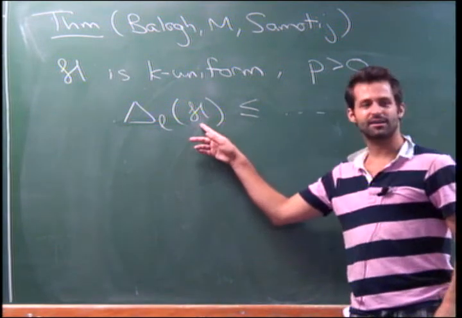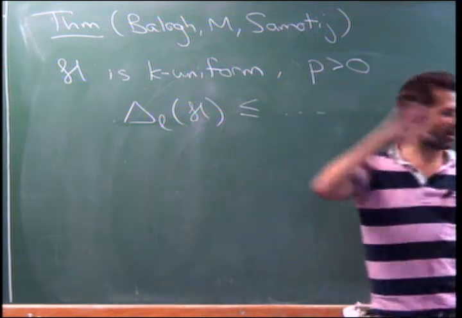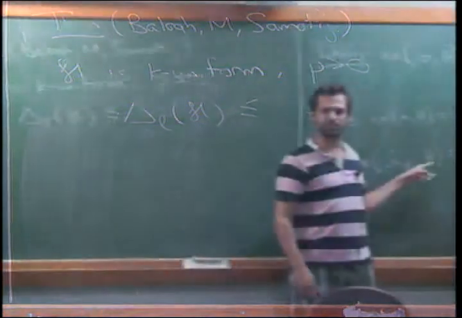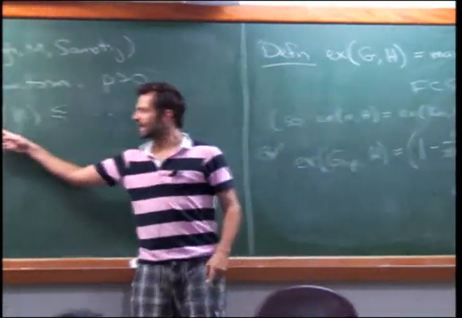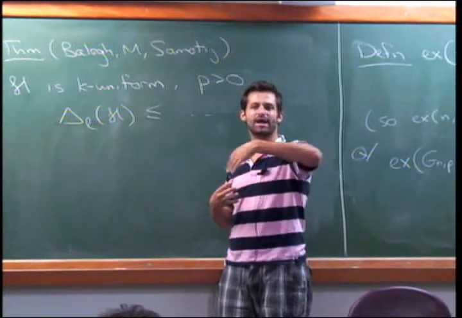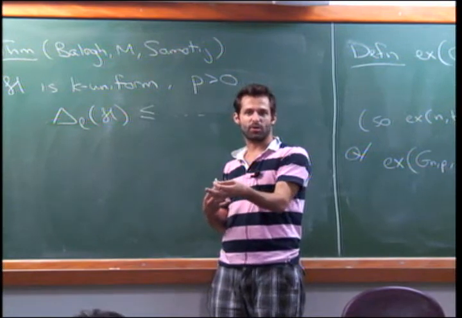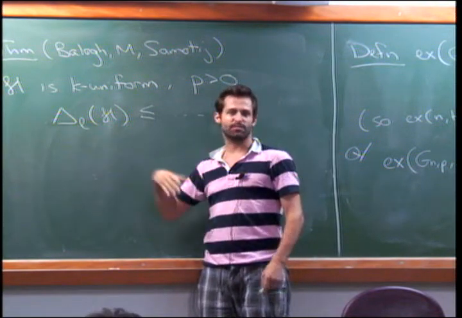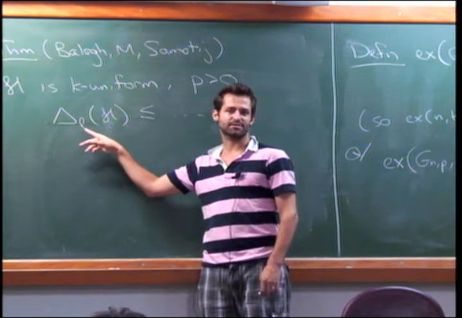So by this I mean, let's think about graphs again. Suppose you take a subgraph of H with L edges. How many ways can you extend it to find a copy of H? That's the maximum degree. So the maximum over all subgraphs of size L.